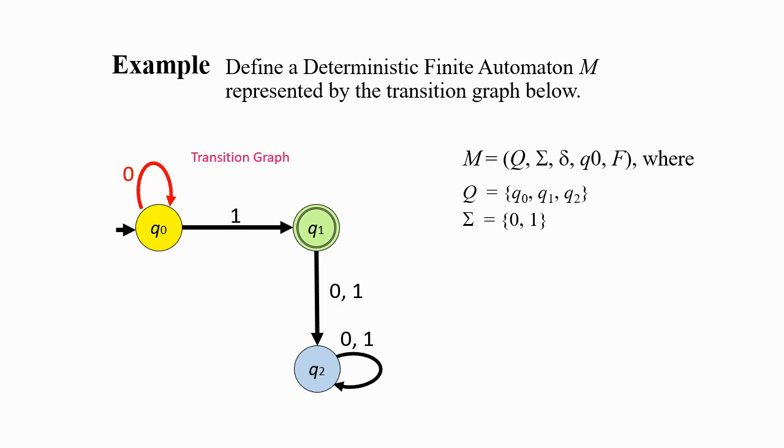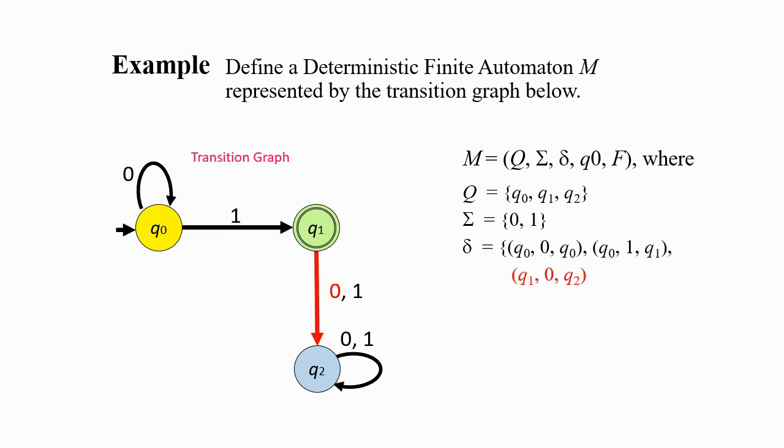Then we have here a loop from Q0 with 0 to itself. So that is one of the elements in the transition function, delta. And from Q0 with 1 to Q1. So we have Q0, 1, Q1. And Q1 with 0 to Q2.